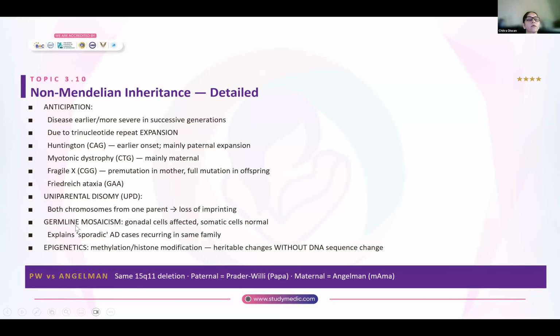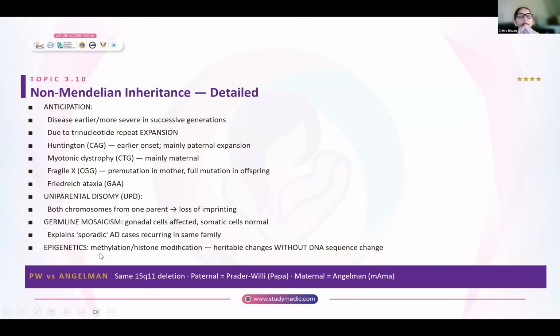That is why you get sporadic autosomal dominant diseases which recur in the same family. Not all the offspring are going to be affected, only sometimes. And in autosomal dominant disease, normally there is no skipping of generations, but if it is mosaic, then you can get skipping of generations.